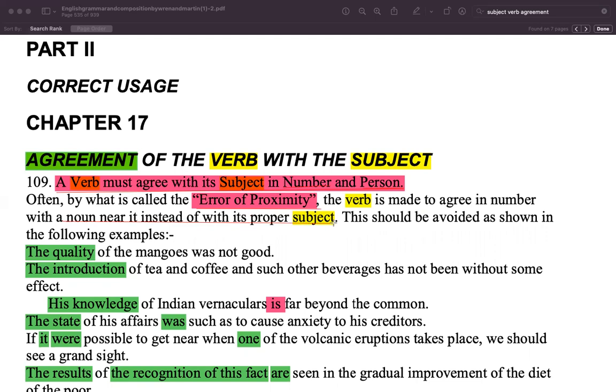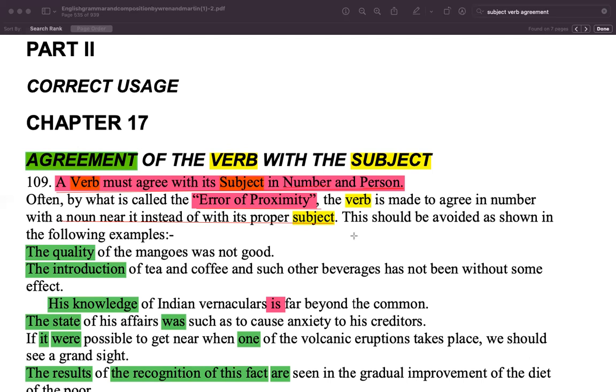We feel that any noun which is nearer to the verb will carry the kind of form in a verb, right? Whether it is singular or plural. Please do remember that the subject carries a noun or pronoun.